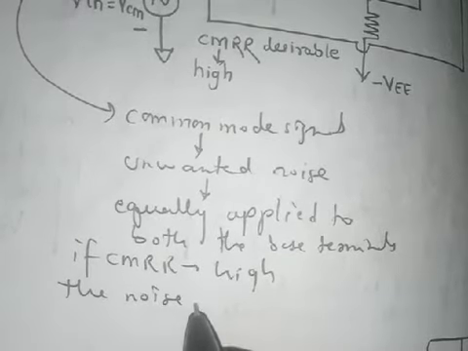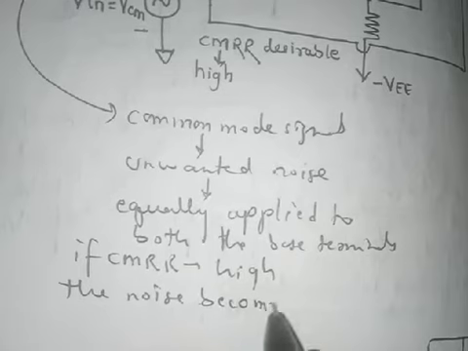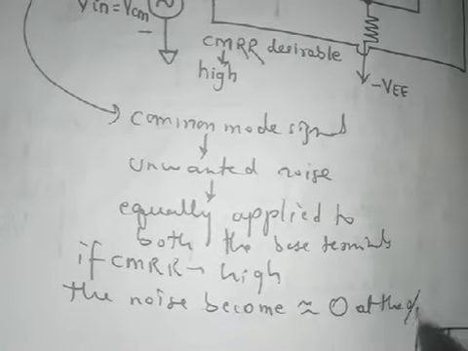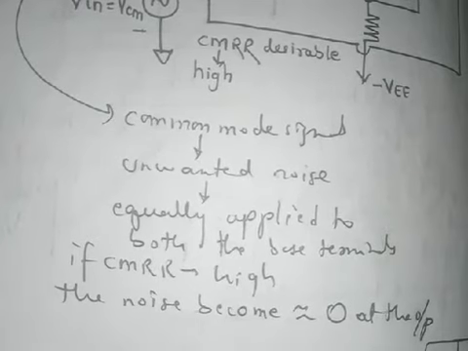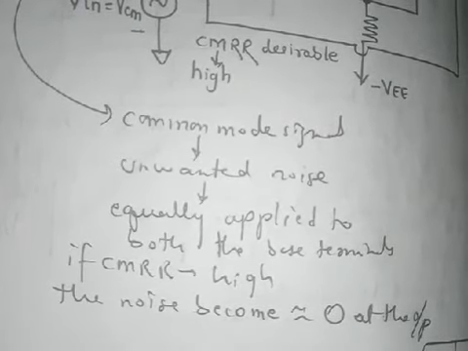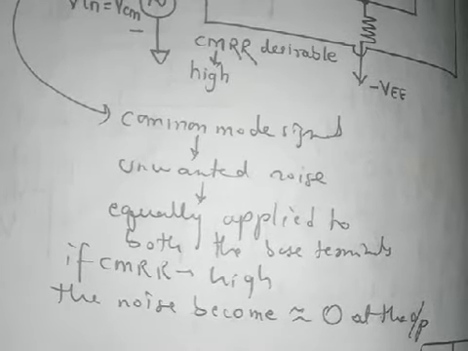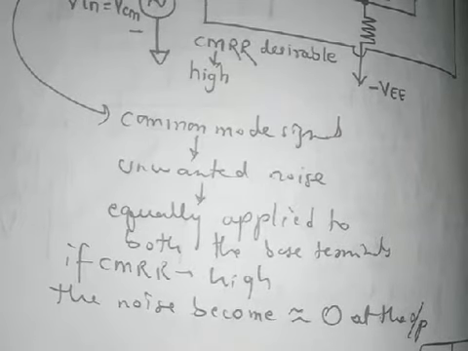Since this is an amplifier and its amplification is very high, approximately around 100, whenever noise acts at the input of any amplifier, the amplified version of the noise is seen at the output.